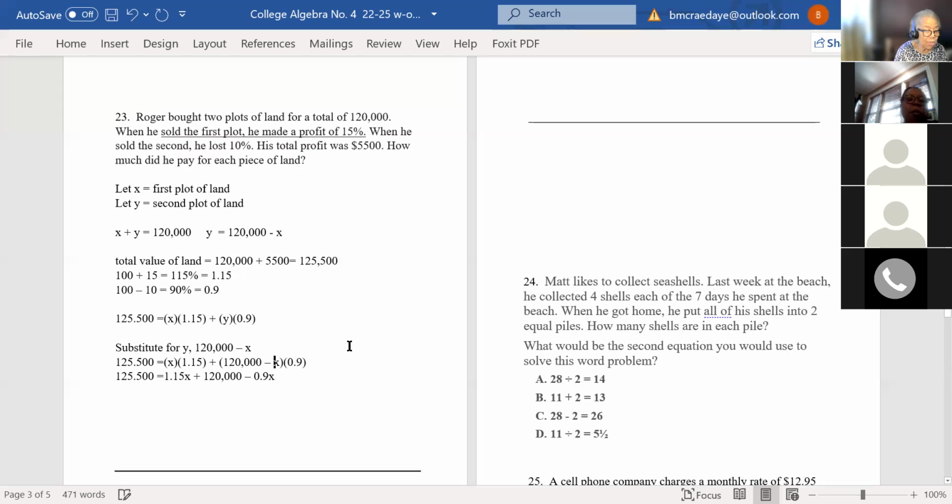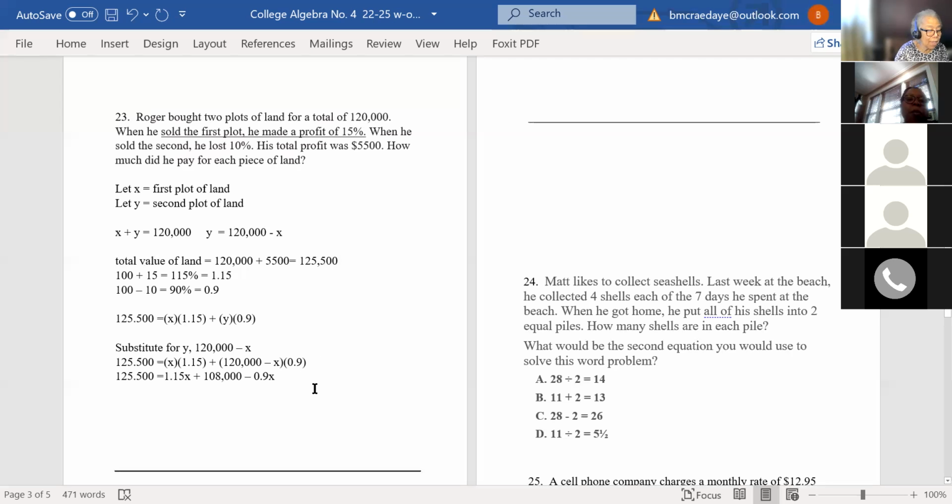Wait, just a minute. This is 120 minus x and then times 0.90. So 0.90 times 120, that's what, 108?